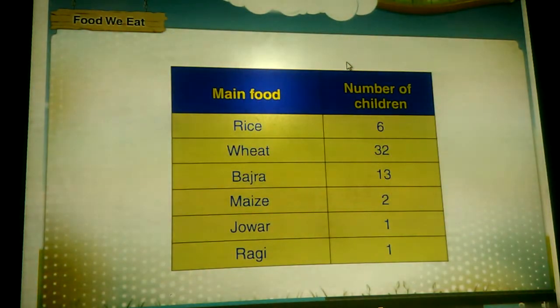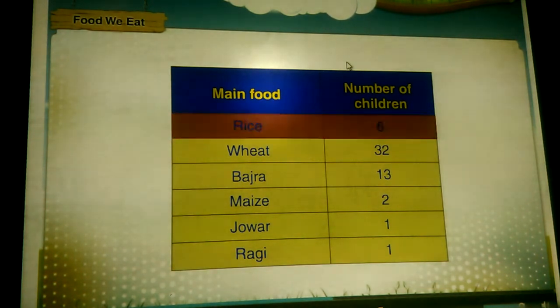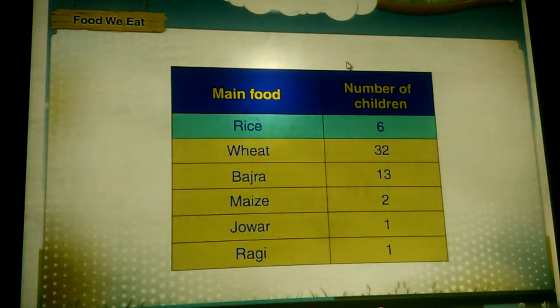This table has been completed by collecting the information from the classmates. Observe the table and answer. There are two columns in the table. In the first column, main food, and in the second column, the number of children consuming the food are given. The number of children eating rice is 6.